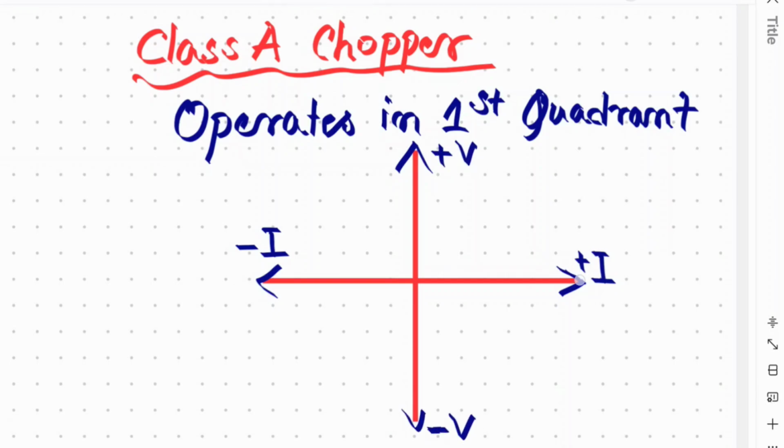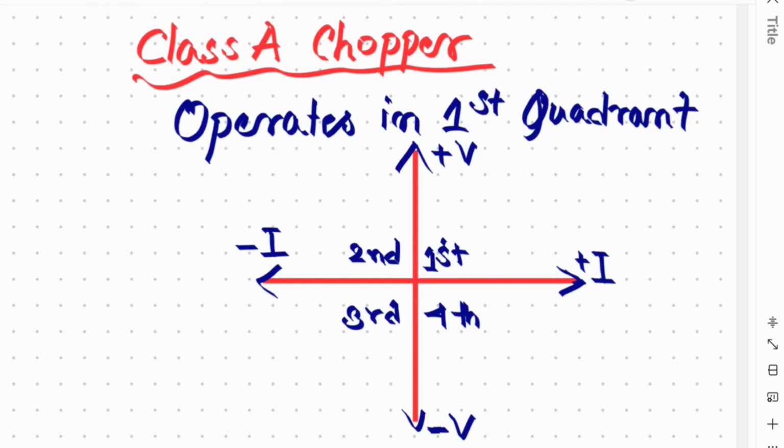Each of the four quadrants is different: first, second, third, fourth.